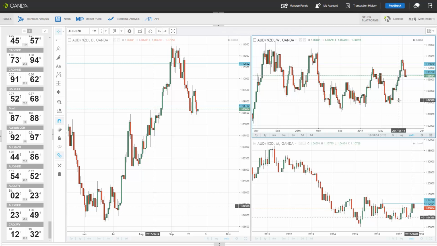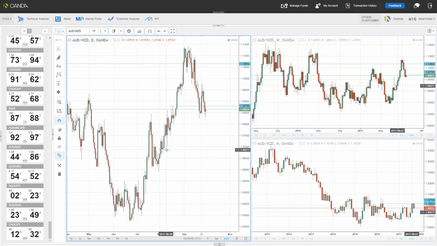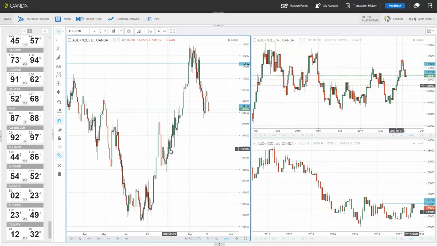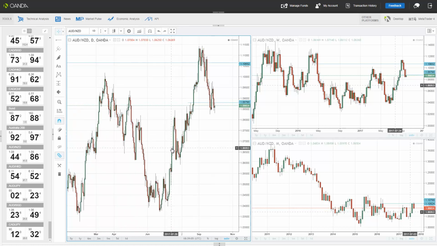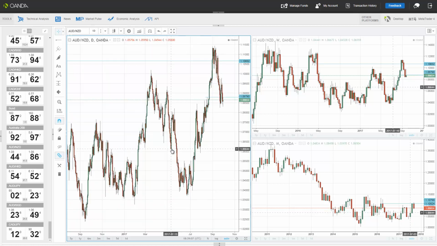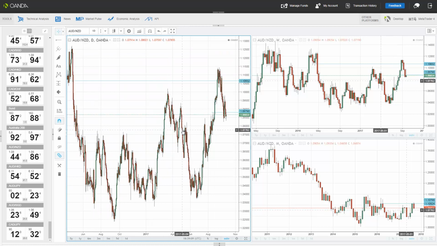So that's from the weekly perspective. As we can see, price first reached this supply and nicely reacted.